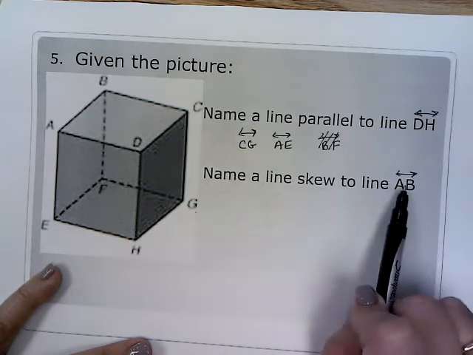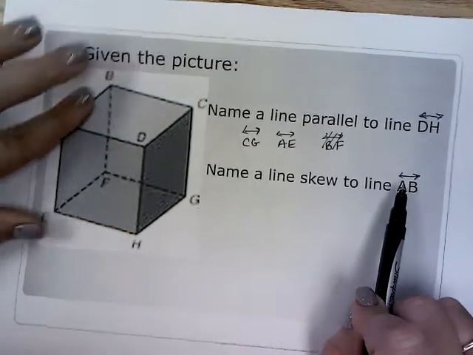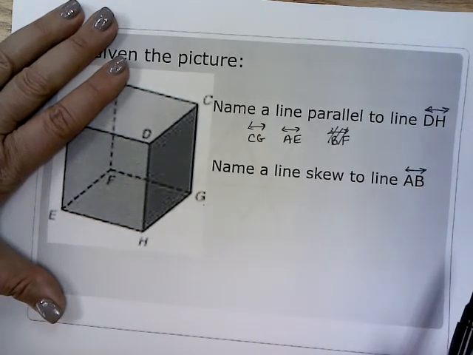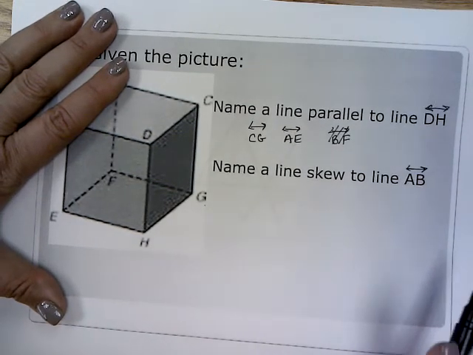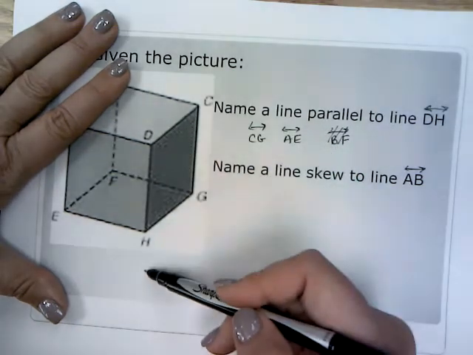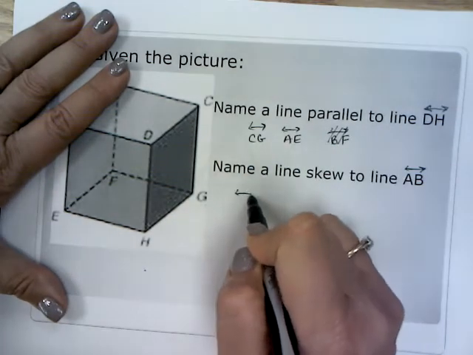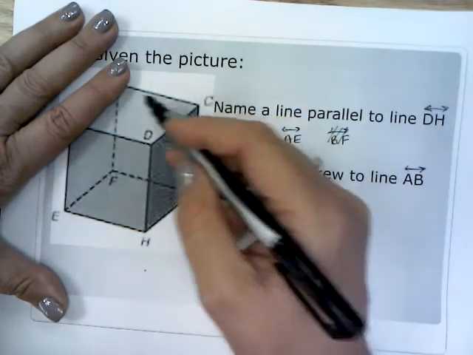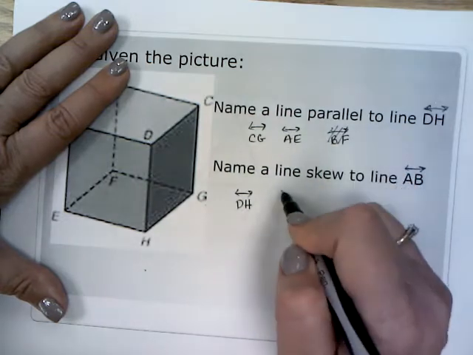Name a line skew to AB. Well, here's AB here, so if it's skew, it is not parallel, and it does not sit in the same plane. So here, I could have DH. In this case, I could also have CG.